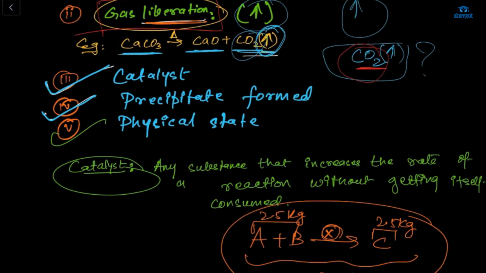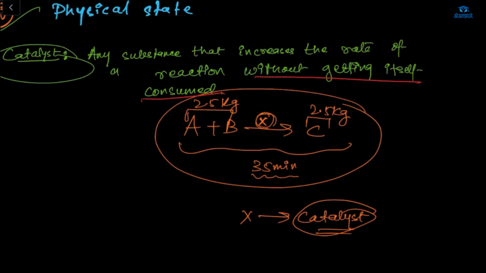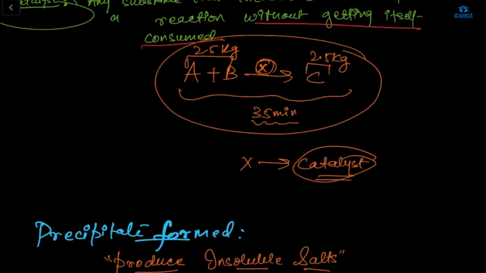What is a catalyst? It's a substance that increases the rate of reaction without getting itself consumed. So, see, if A plus B is giving C, taking one normal example, and suppose it took 35 minutes for this whole reaction.